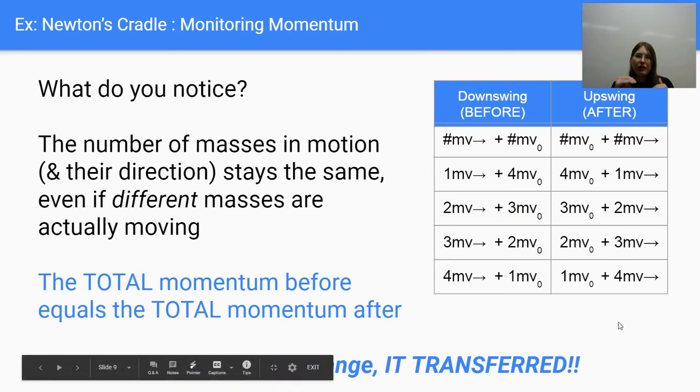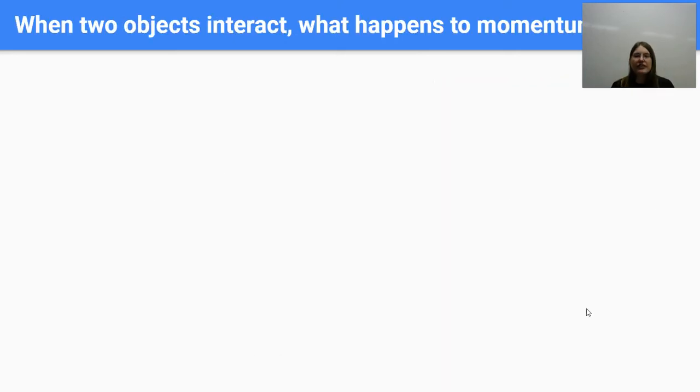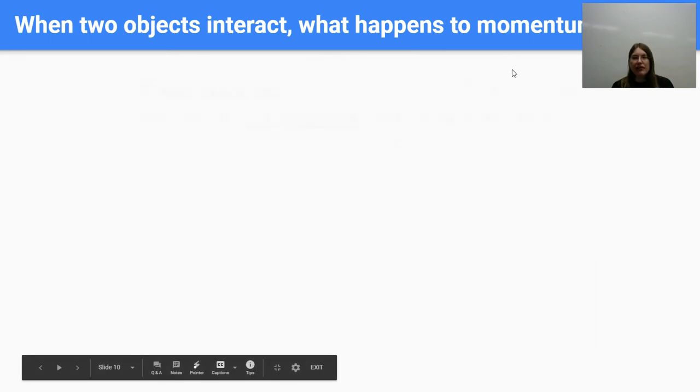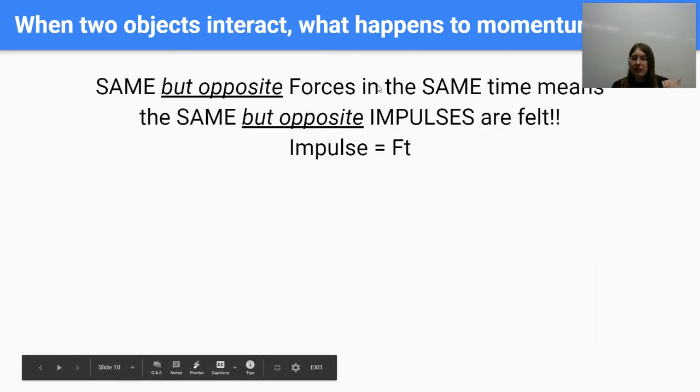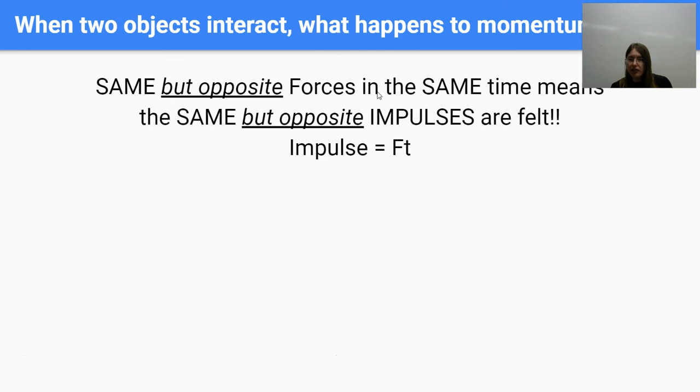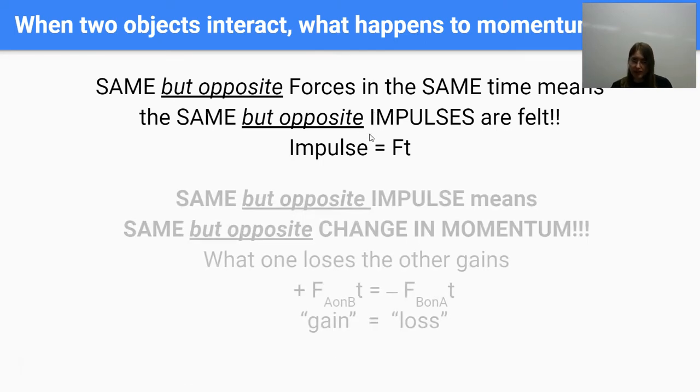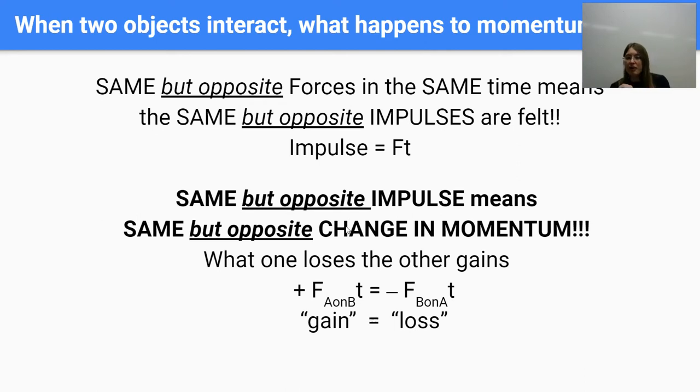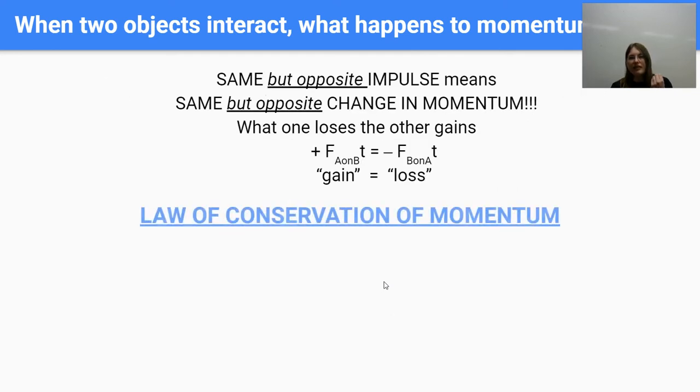So let's codify that into some actual notes for ourselves. When 2 objects interact, what's happening to the momentum? Because we have the same forces but in opposite directions, we have the same impulse but opposite directions. So we have the same but opposite change in momentum. So whatever one gains, the other loses. Whatever one loses, the other gains. That's the law of conservation. Okay, so momentum is conserved.